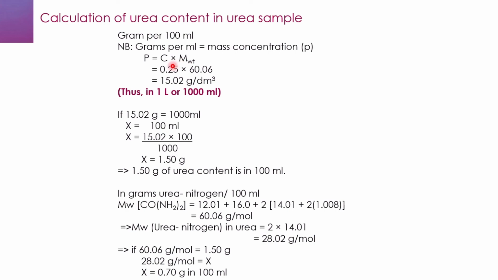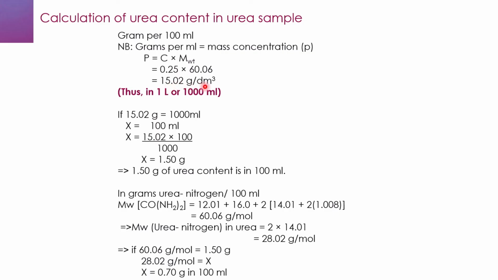So the mass concentration is given as 0.25 times the molecular weight of the urea. If we do our calculation, we can see that the mass concentration of the urea is 15.02 grams per dm cube.